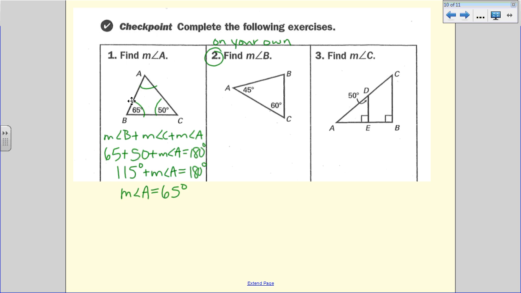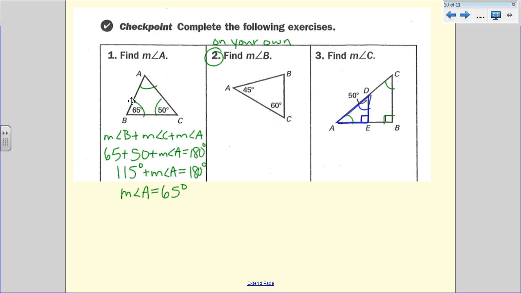If we take a look, it says find the measure of angle C. So we have a little bit of work to do here. All right. If we take a look here, we have a 90-degree angle and we have a 50-degree angle, and they're part of this little triangle here. Well, how does that help us? Because if I know A, then I can use A and B to find C. So it's kind of a little step process here.